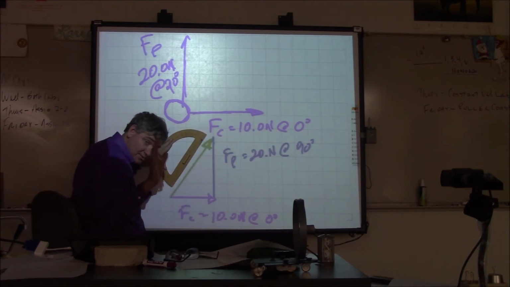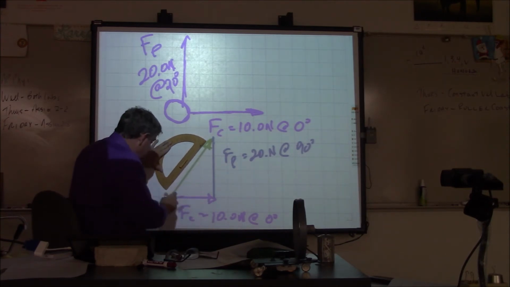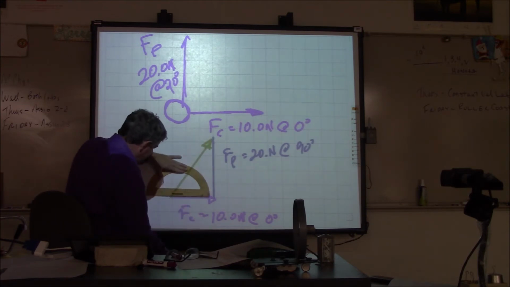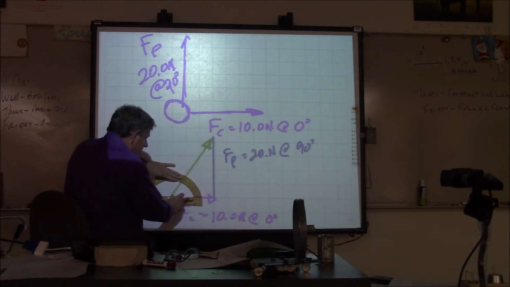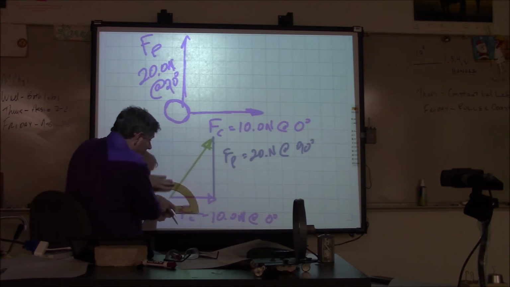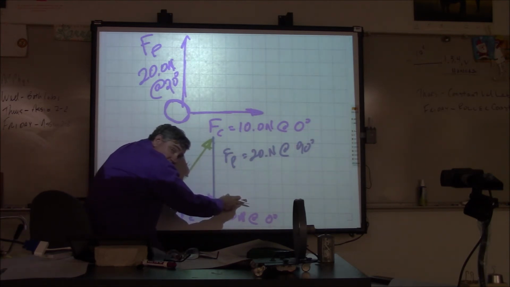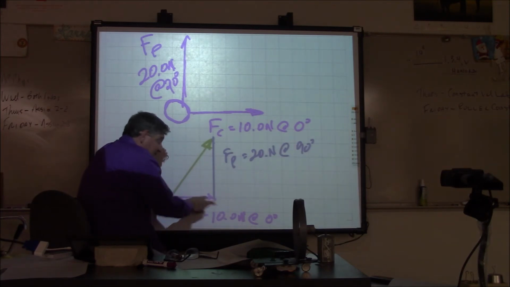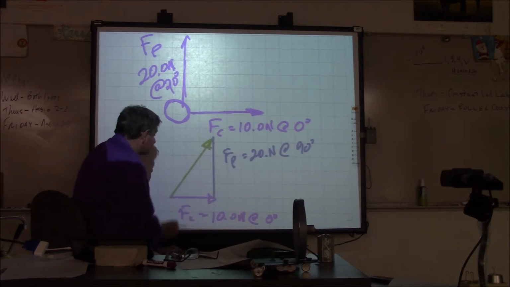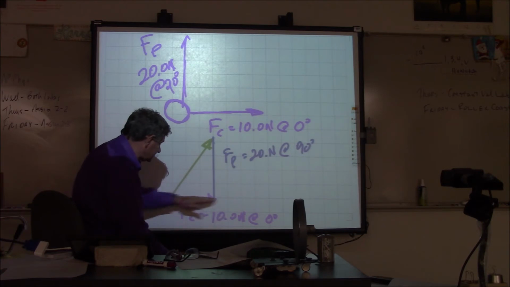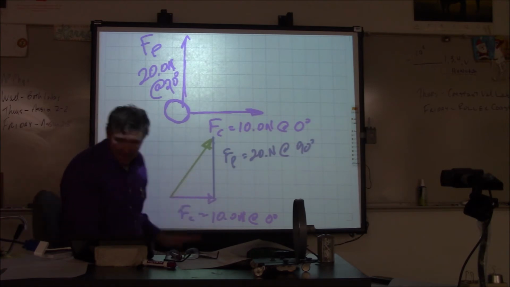You're going to take your ruler and measure this length, and then you're going to take your protractor and measure this angle. Now remember, you're always going to measure from that initial positive x-axis. In this case, one of my vectors just happens to be right here. So I'm going to go from this initial positive x-axis up like this.